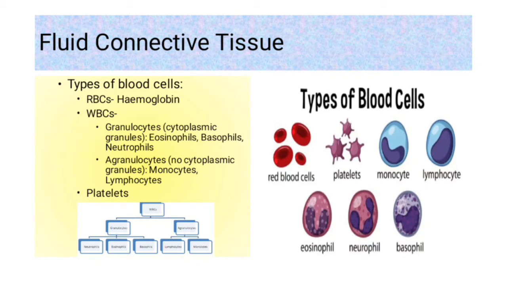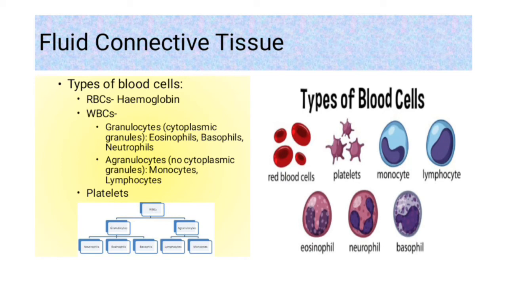Their characteristic feature is the presence of hemoglobin. It is a protein that carries oxygen and carbon dioxide and gives blood its red color. These cells are biconcave discs without a nucleus. They are made in the bone marrow and are replaced from time to time.